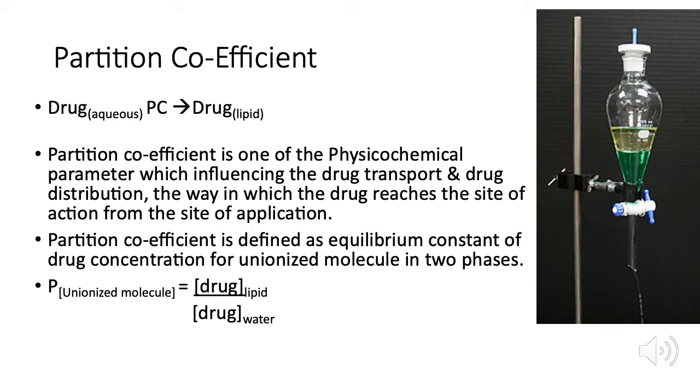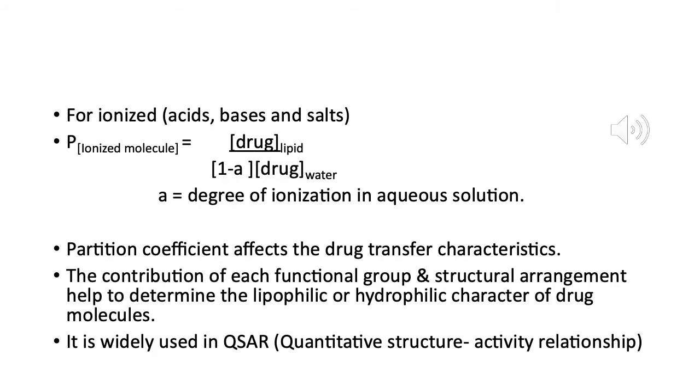The partition coefficient is defined by this equilibrium, and we can see in this equation that P, for a non-ionized molecule, equals the drug in lipid over the drug in water. For ionized molecules, so acids, bases, or salts, we use the equation where the partition coefficient of an ionized molecule equals the drug in lipid over 1 minus A, where A is the degree of ionization in an aqueous solution, times the drug in water.